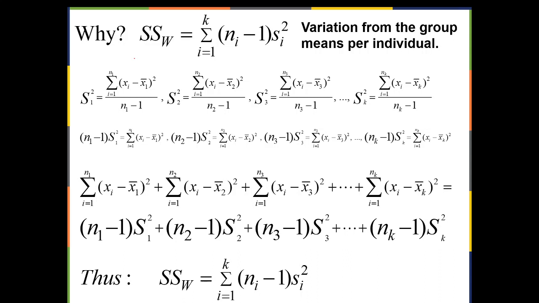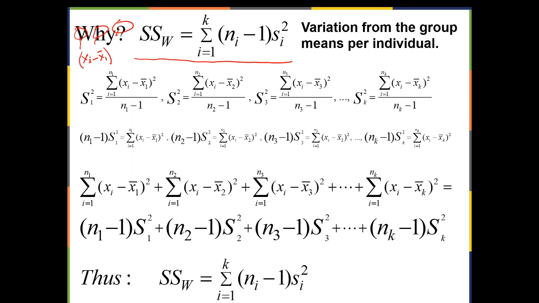So again, another question is, where does this formula come from? This one is easier to understand. This is the variation from the group means per individual. What we have to do here is take each individual in each group, no matter how many groups we have, and figure out how they're different from their own mean.